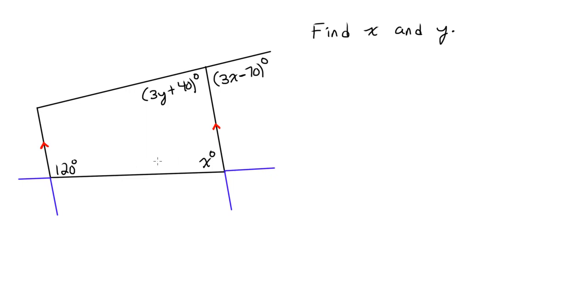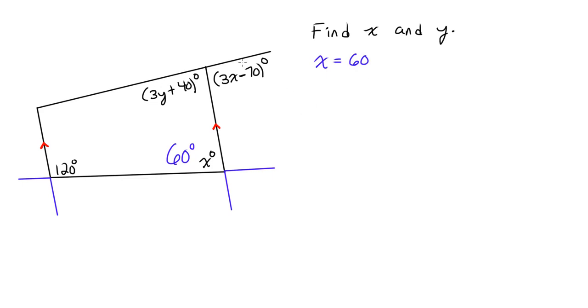And what does that tell me? That tells me that they are supplementary. So if this angle measures 120 degrees, that means that this angle measures 60 degrees. So now I know what x equals. X equals 60. Now what other clues do I have?